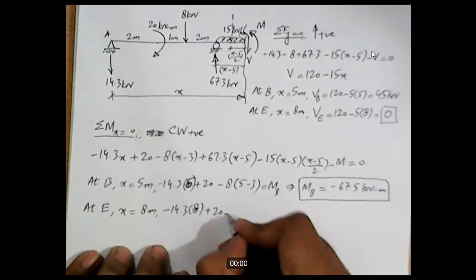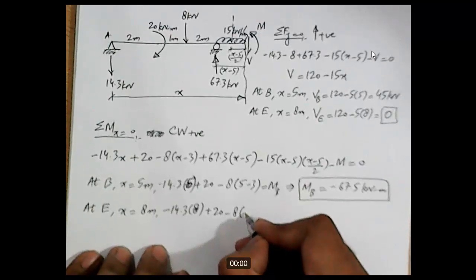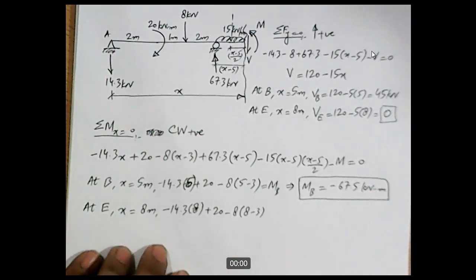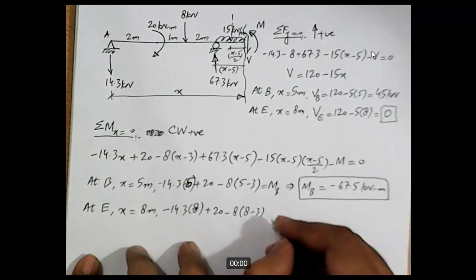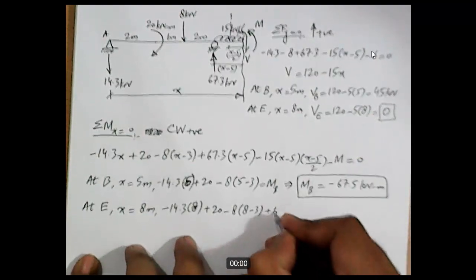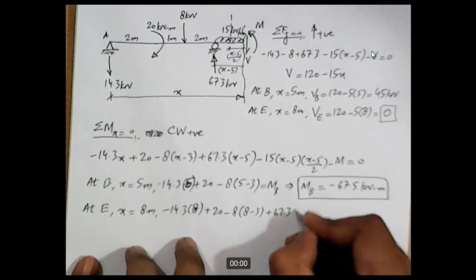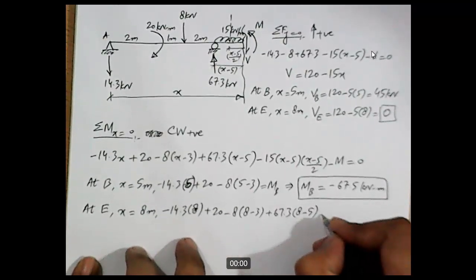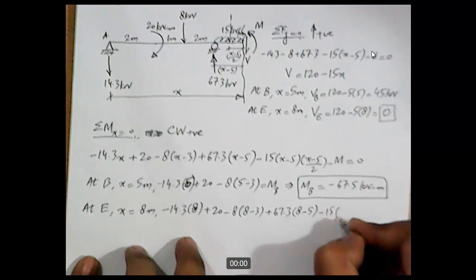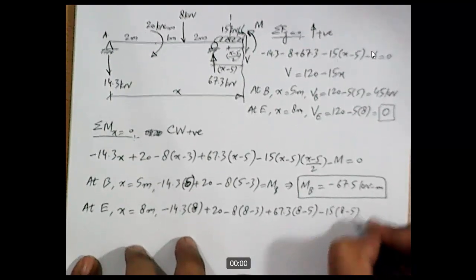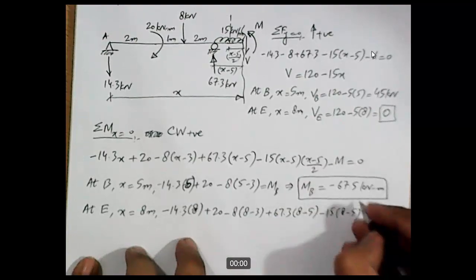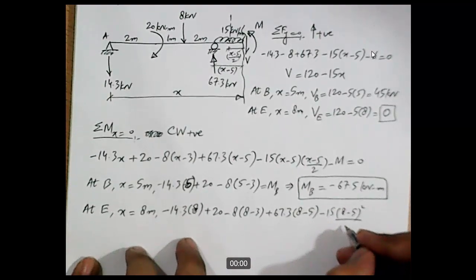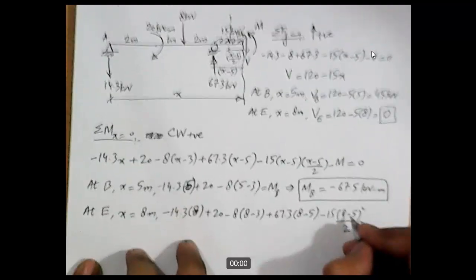Plus 20 minus 8 into 8 minus 3, plus 67.3 into 8 minus 5, minus 15 into 8 minus 5, and this is 8 minus 5 square divided by 2, right?